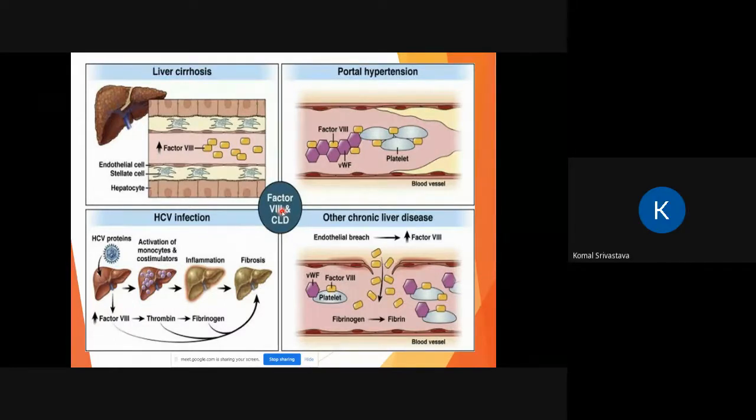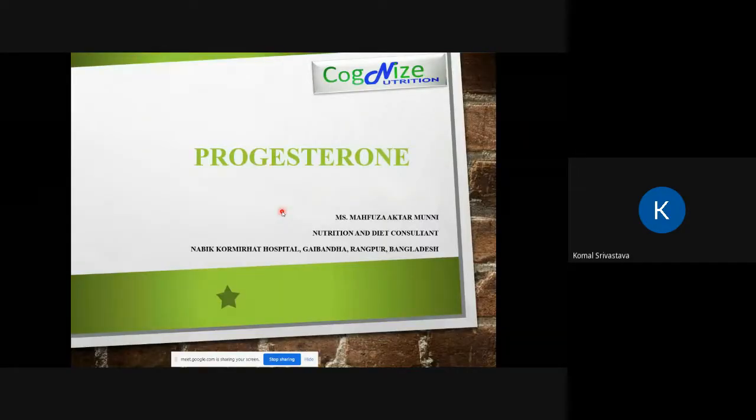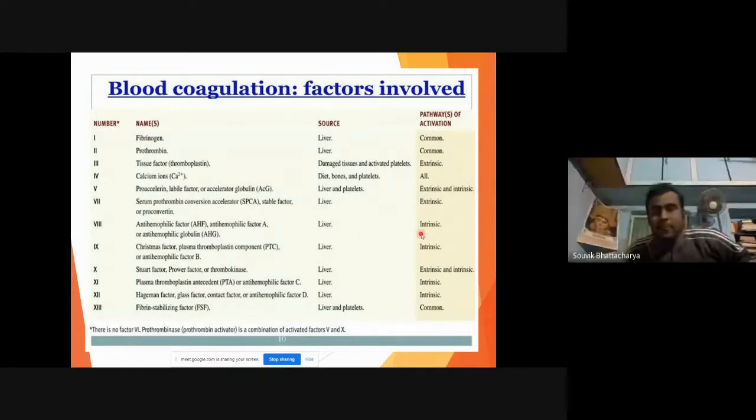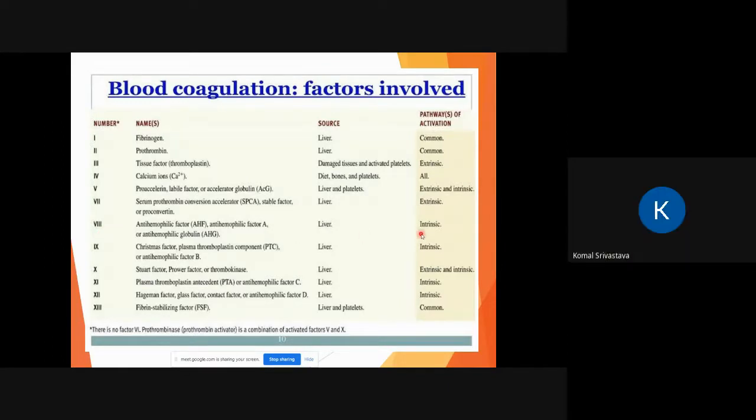Next, if you go to your first slide, Shomendu, you see the source of all of it is the liver. You yourself presented that even for the 8th factor it is the liver. Now if the main organ gets damaged, then how will it function? Yes, ma'am, it is affected. You use your common sense.